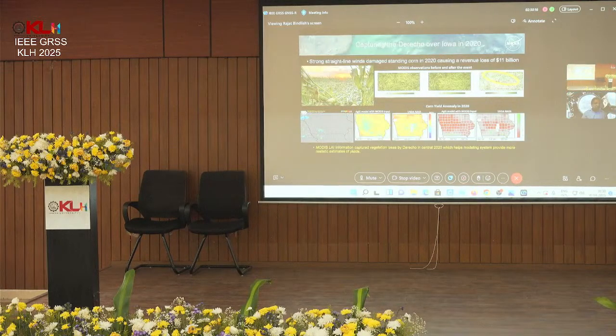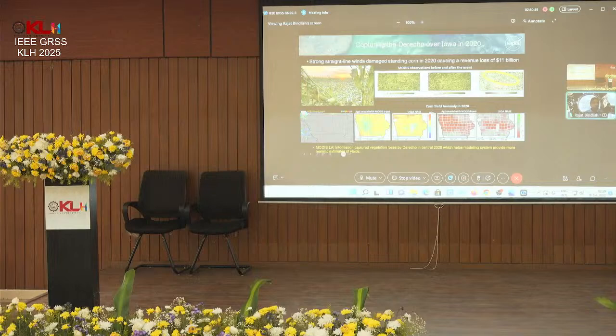A lot of the problems with 2020 were driven because of straight line winds, which damaged a lot of the standing corn. This was a storm that tracked through central Iowa. You see the storm come through very soon on the next red animation over here, which essentially flattened the maize or corn fields.